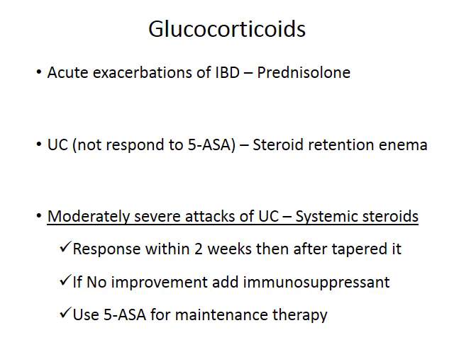If there is no improvement, if by using steroids there is still no remission, then it is necessary to add another immunosuppressant to induce remission, and once remission is achieved, the person can be shifted to a salicylic or sulfasalazine derivative for maintenance therapy.